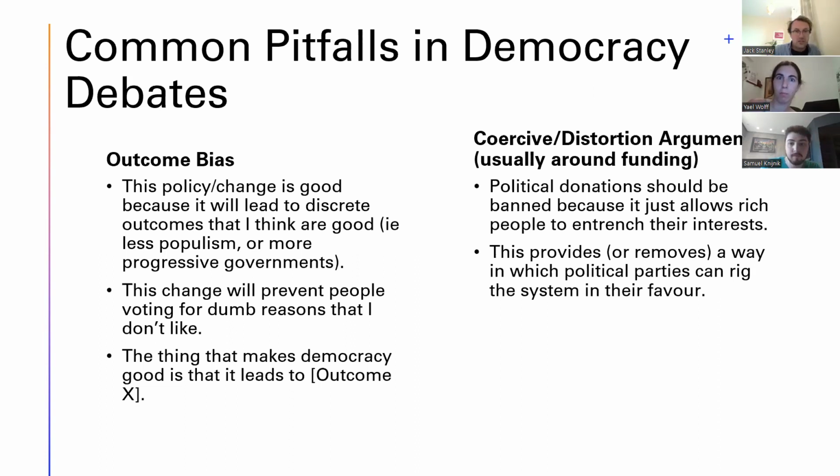I think there are a few issues with these sorts of approaches to these rounds. The first is that I think that often these things aren't true, and that often these things are, even if they're true for a very specific view of the debate, particularly if we're talking about this policy will lead to less populism.